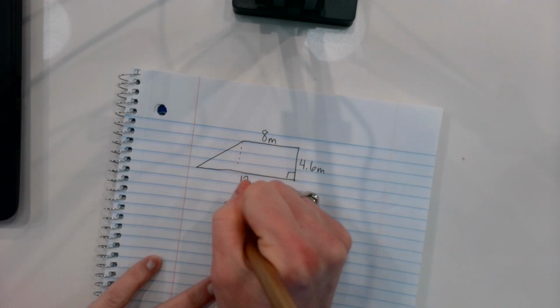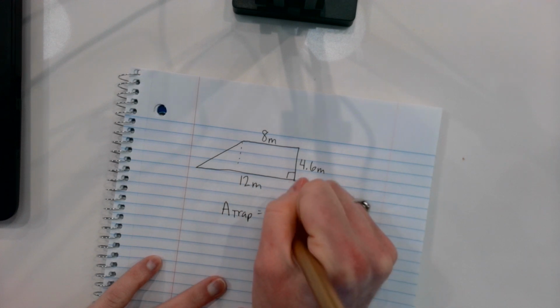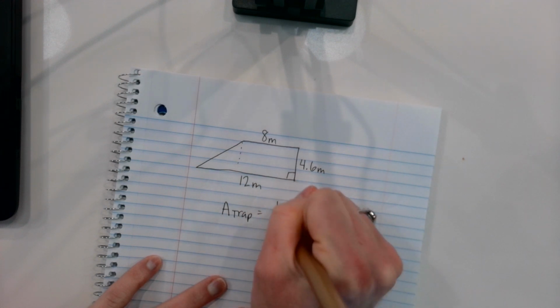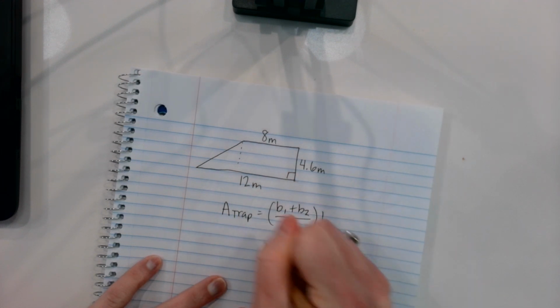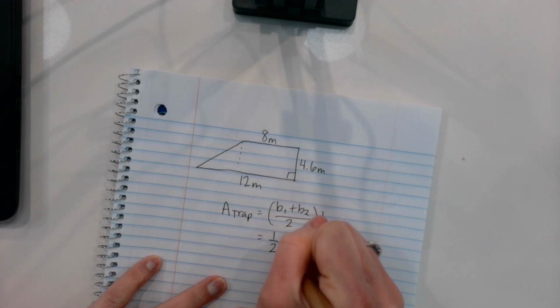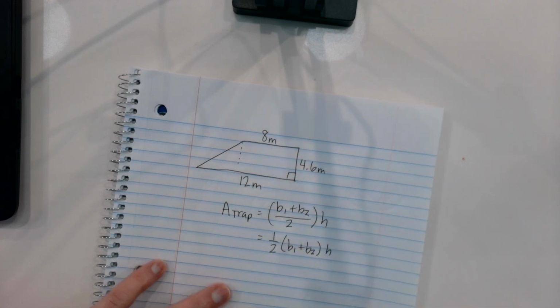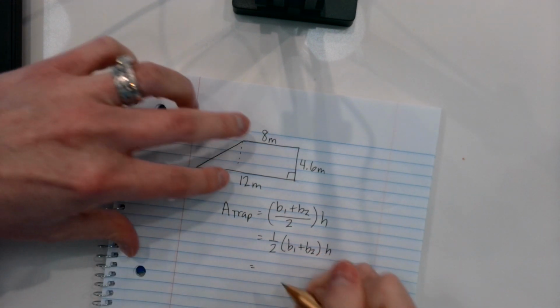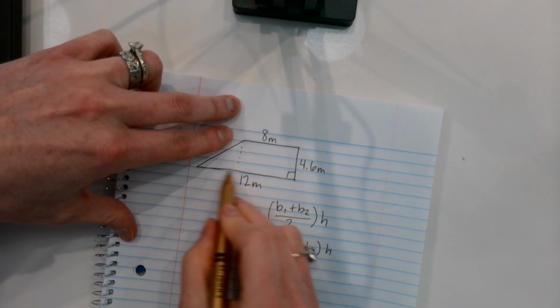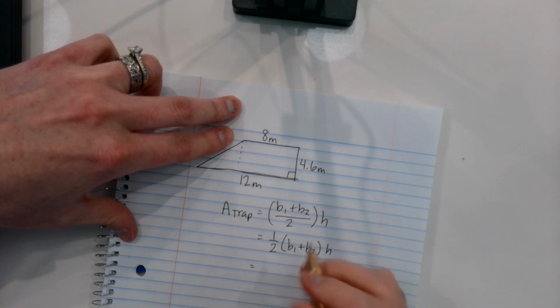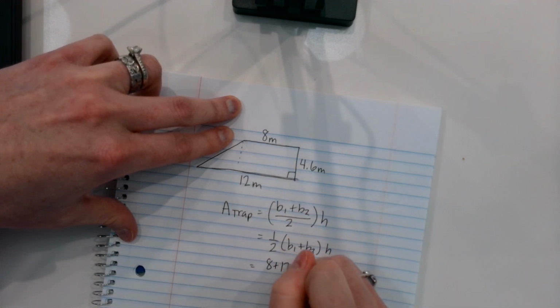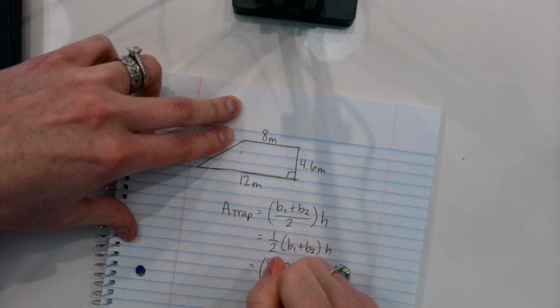So writing your formula, area of a trapezoid is B1 plus B2 divided by 2 times the height, or you can use 1/2 times B1 plus B2 times the height. All right, so my two bases are my set of parallel lines. So 8 plus 12 divided by 2 times the height.